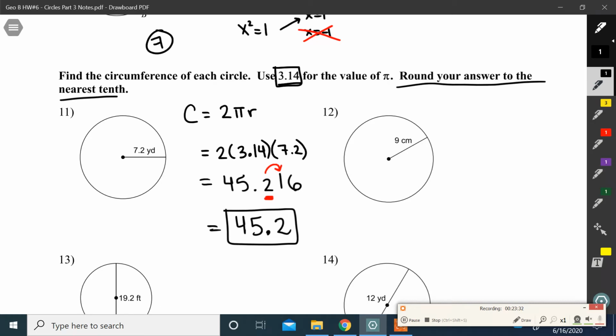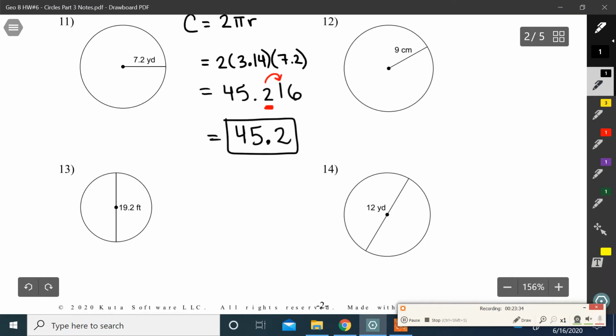Same idea with number 13. They're giving you the diameter here, from here to there. But we actually need to get the radius. Well, the diameter is twice as big as the radius.